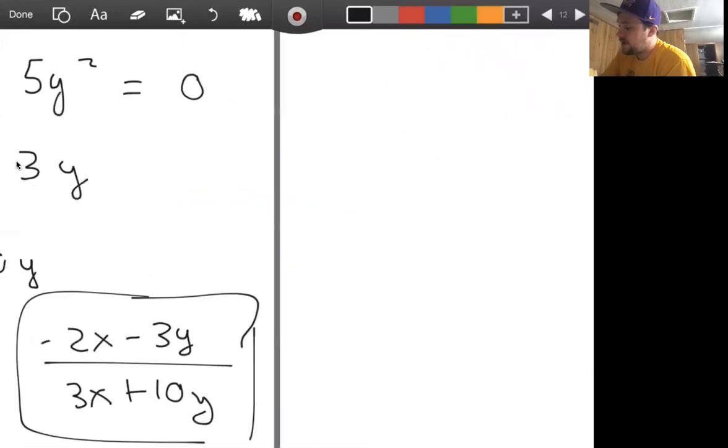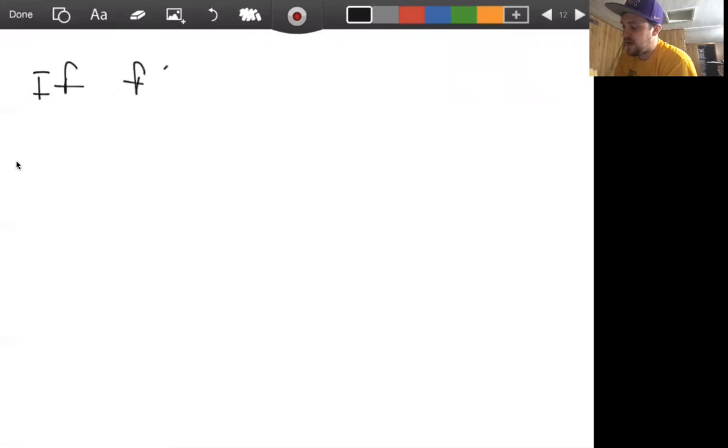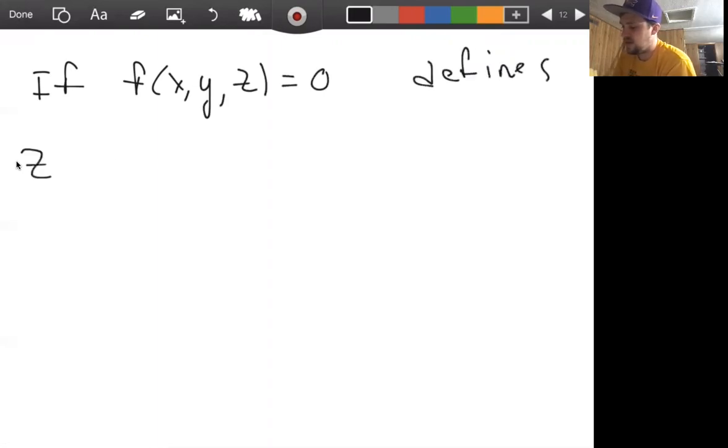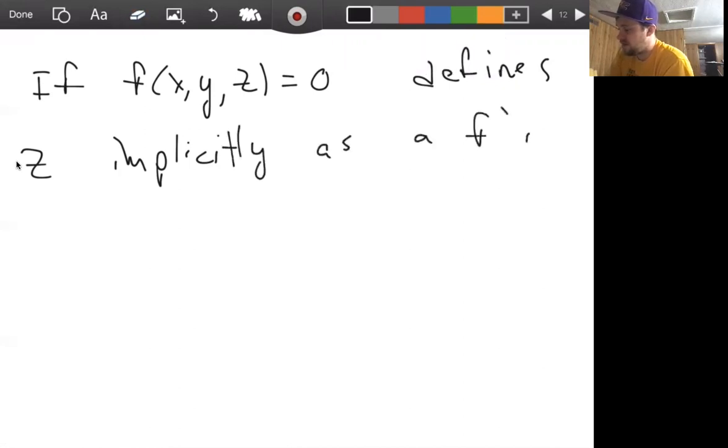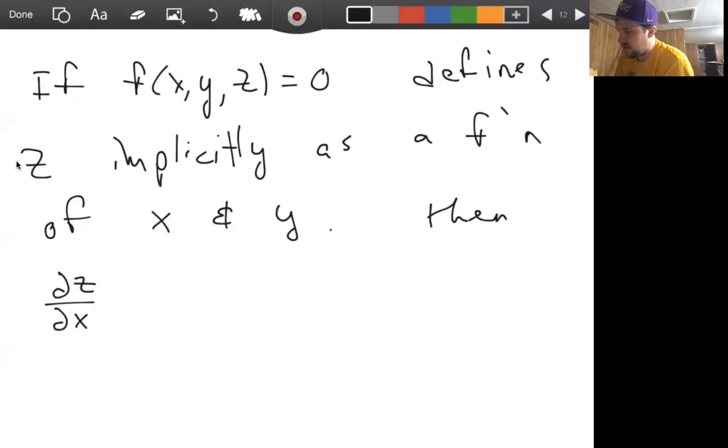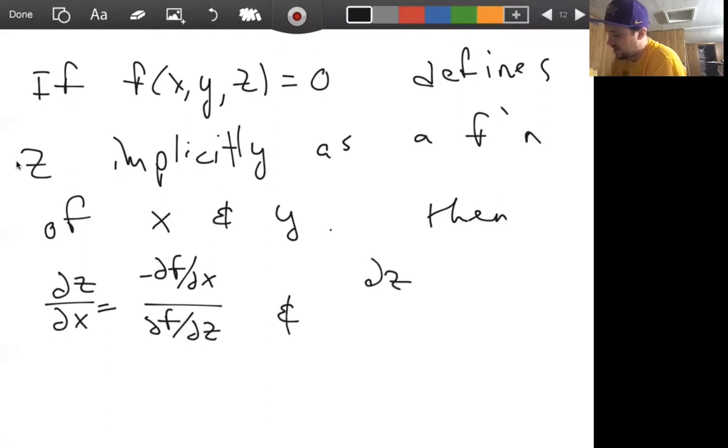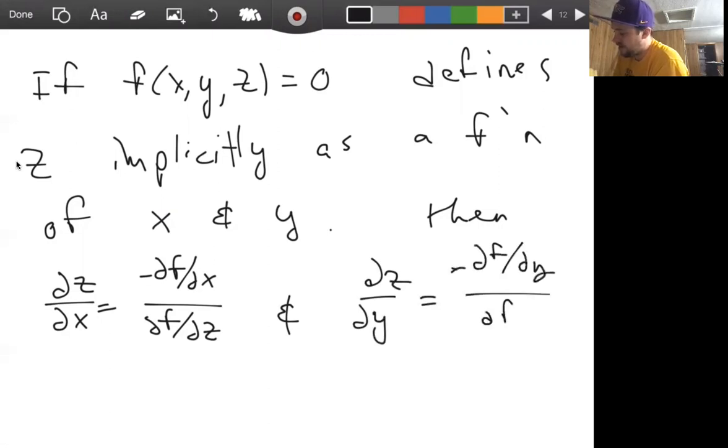And this can be generalized as well. So for 3 variables, say if f of x, y, z equals 0 defines z implicitly as a function of x and y, then we can calculate del z del x is negative del f del x over del f del z, and del z del y is negative del f del y over del f del z.